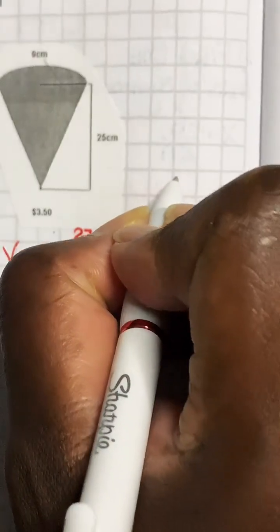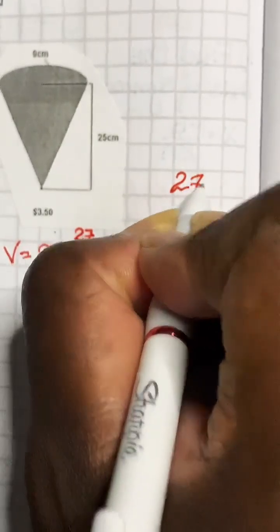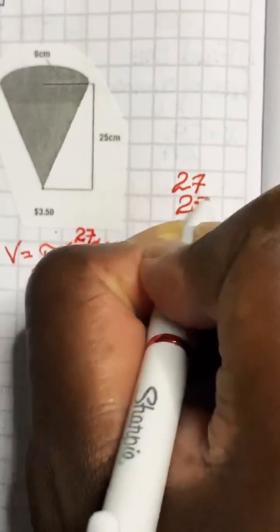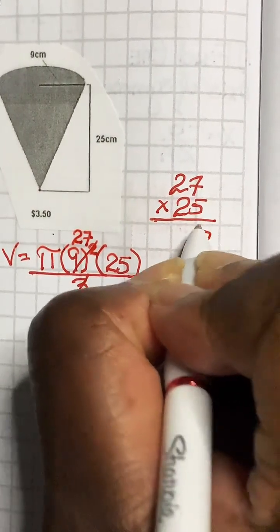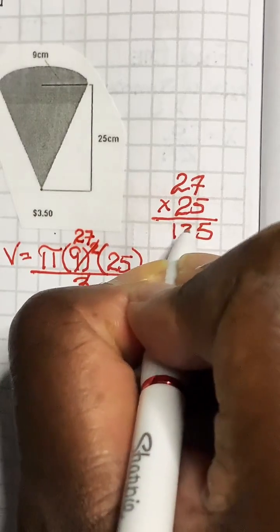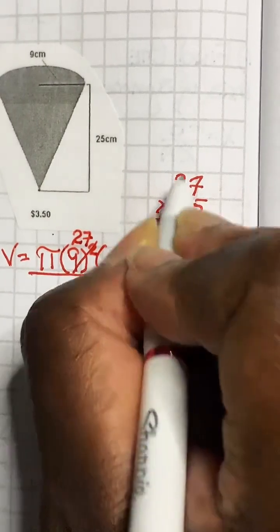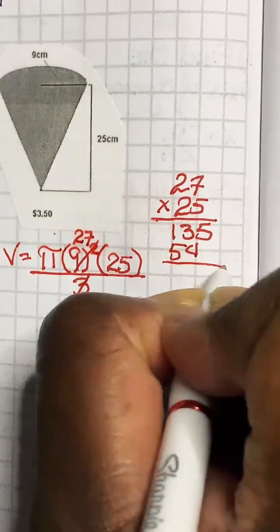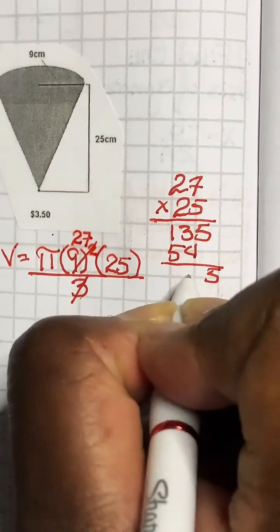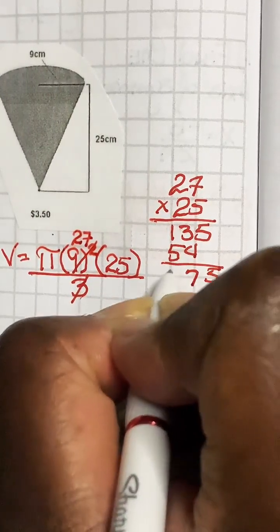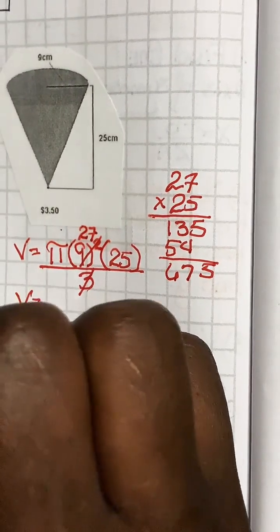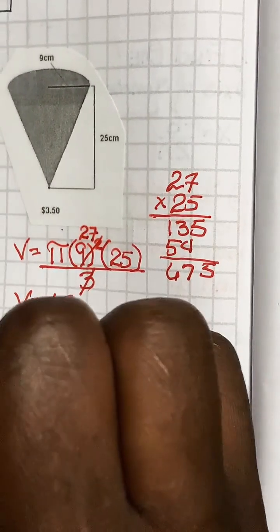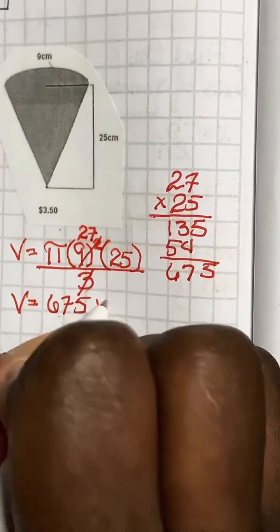So 27 times 25, that's 675. Okay, so my volume here is 675 pi.